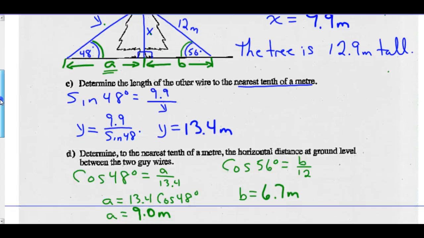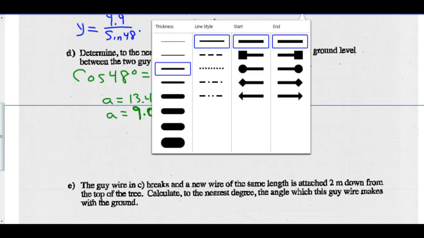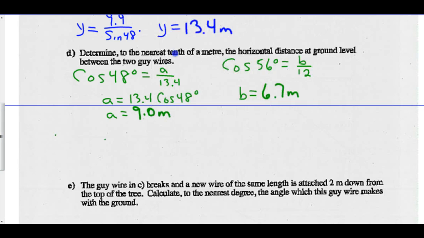Now answer the question: what's the distance between the two guy wires? So I'm going to add those two values. The guy wires are 9 plus 6.7. But let's be careful.